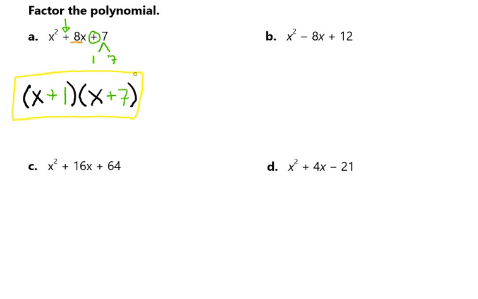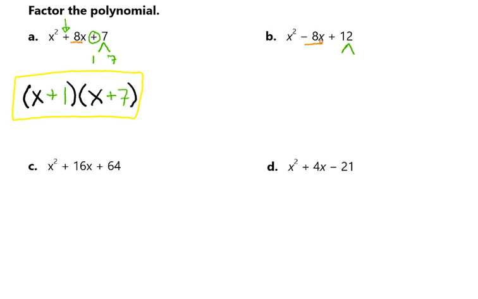If we look at our second example, B, we have x squared minus 8x plus 12. We're going to use the same tactic in order to factor this. Some people call this the add-multiply method or the multiply-add method because you want to find what two numbers will multiply to the C value, but will add to our B value.